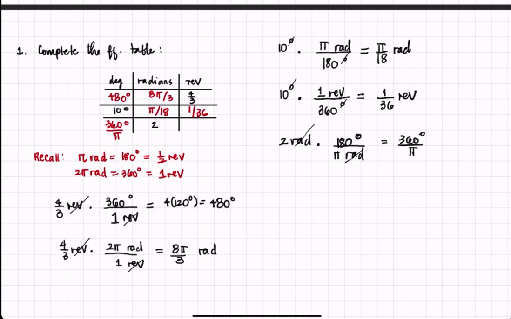Okay. How about in rev? 2 radians, you multiply it by rev over radians so that the radians cancel. And then use the conversion formula. What is our conversion formula? 1 rev is 360 degrees. 1 rev is 2 pi radians.